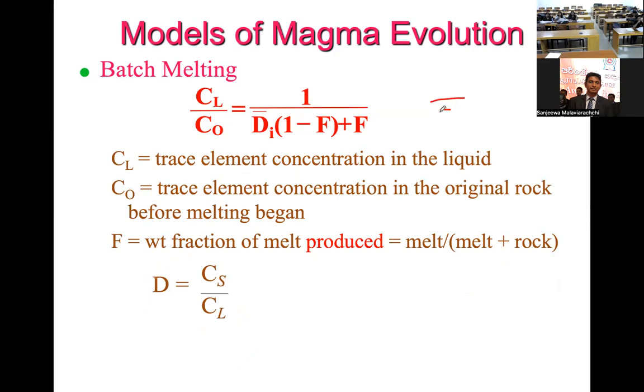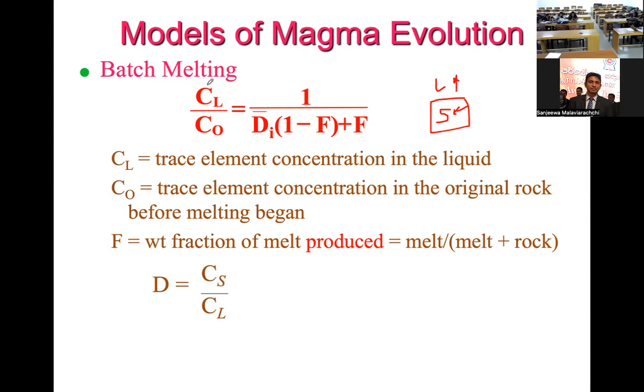You can remember the residue, or the solid, and the liquid. The original solid, that means before the melting, had some composition, and then it was changed to this residue because of this melt escaping.